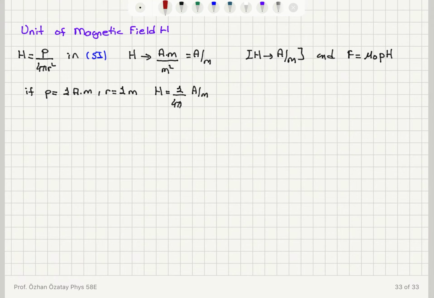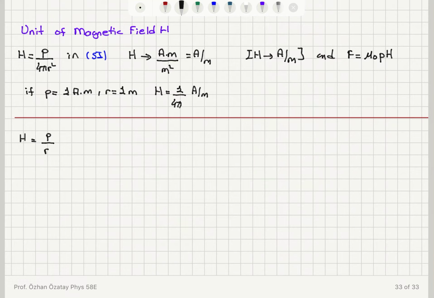So let's move to the CGS EMU picture. In CGS EMU, the magnetic field is given as the pole strength divided by r squared. So this is in CGS electromagnetic units. And the magnetic field has a unit of pole strength divided by centimeter squared, which we call Oersted.